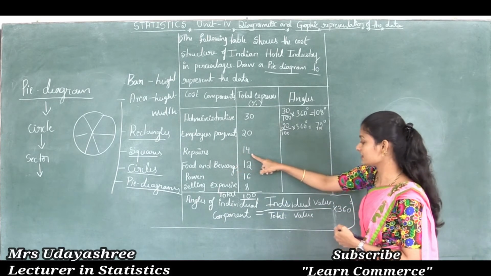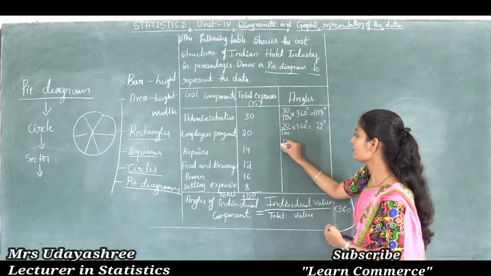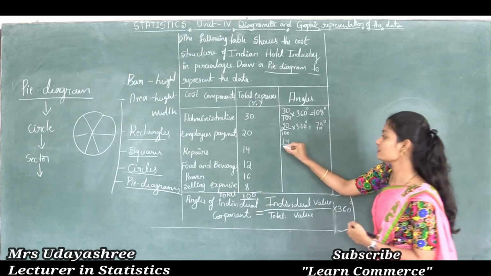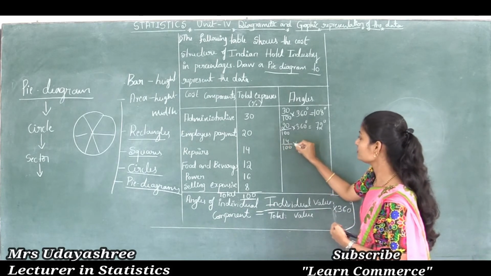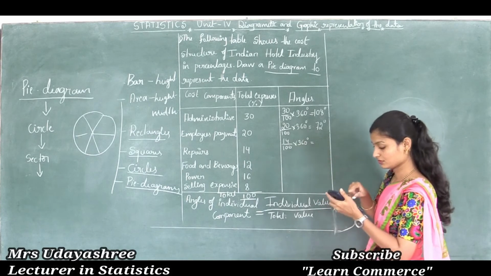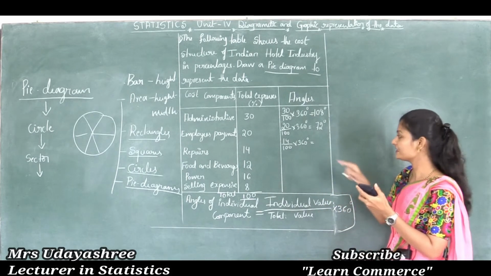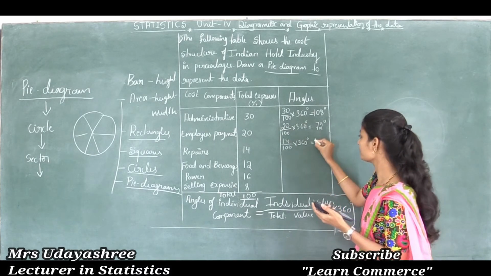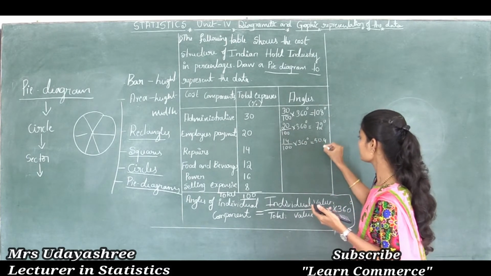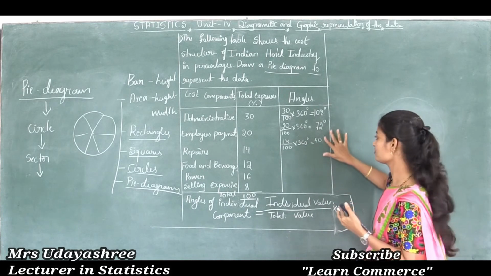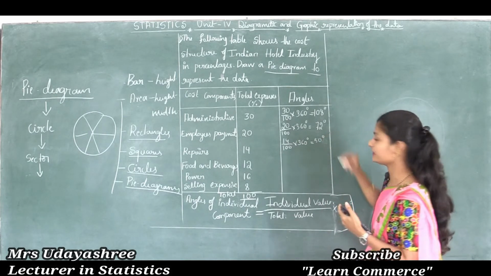Here individual value 14 divided by total value 100 into 360 degrees, that is 50.4. See, this 50.4 is approximately 50 only. So here we will take 50 degree.